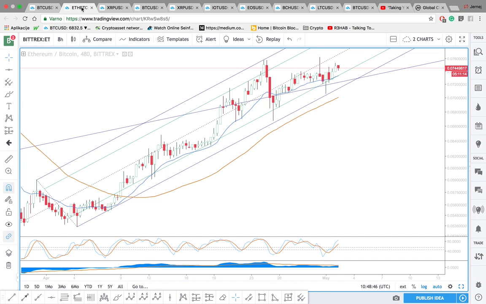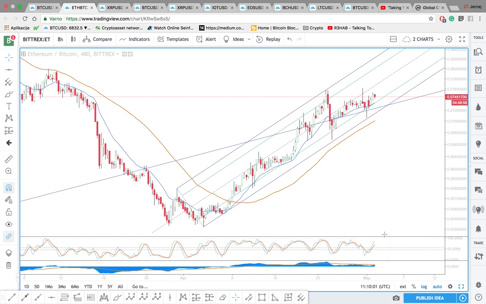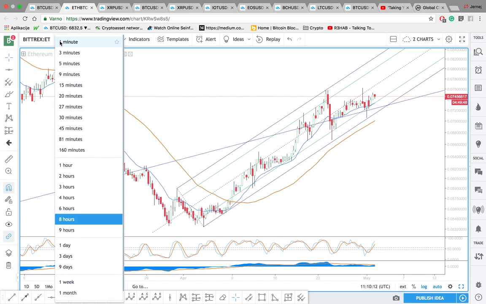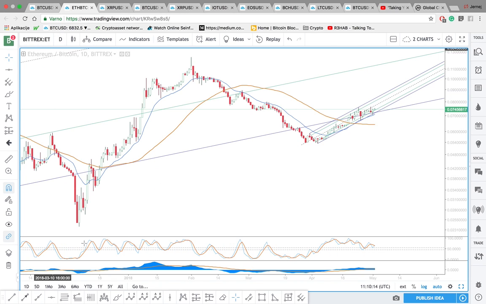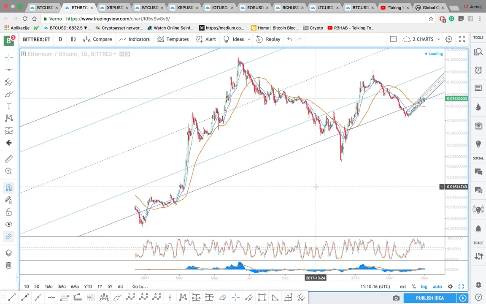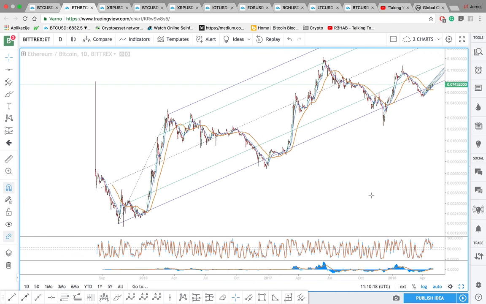And then the next thing I want to look at is, and this is not my trading idea, this is coming from Luke Martin. You can follow him on Twitter, he's a venture capitalist. Basically what he does is he looks at Ethereum versus Bitcoin to determine where the alts are going.